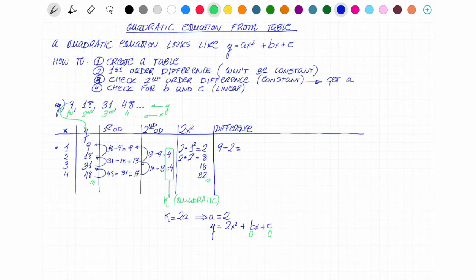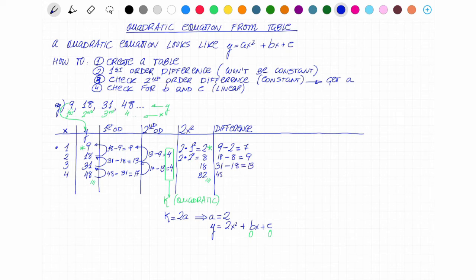So this column here minus this column here. And that's going to give you some result. It may not have to be a constant. If we do the second one, 18 minus 8, that gives you a 9. The third one, 31 minus 18, that gives you a 13.